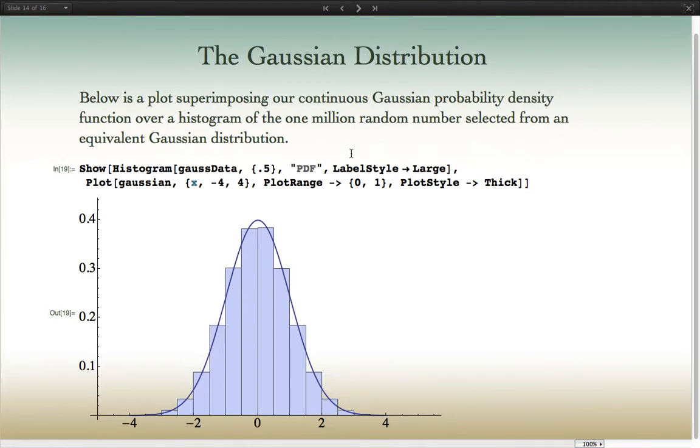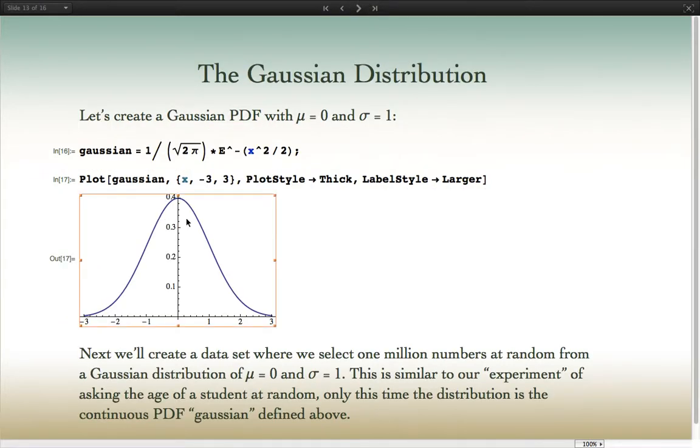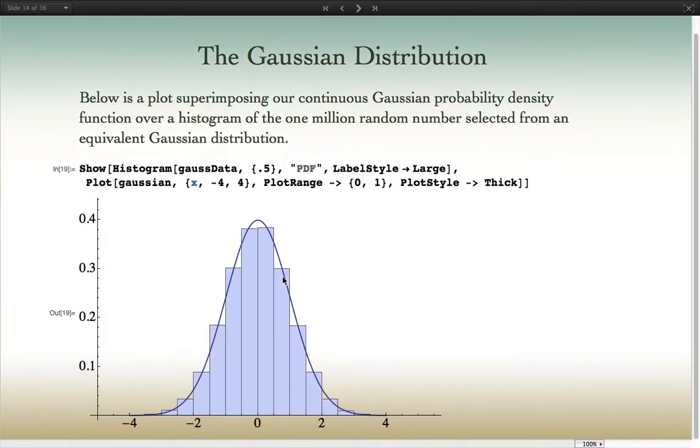If I plot a histogram of it, superimposed on the Gaussian PDF that we've defined, we see that they match each other quite well. The scaling is a little different, so it looks a little thinner, but it's the same function, and right under it is the histogram.